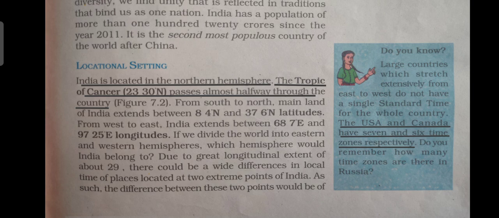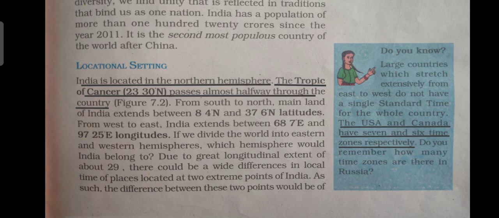Both latitudes and longitudes are given. Now children, the question is that if we divide the world into eastern and western hemisphere, then to which hemisphere would India belong? So children, India will belong to the eastern hemisphere. So India is on the northern part and towards the eastern hemisphere.